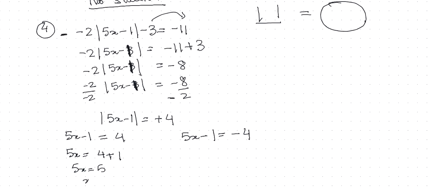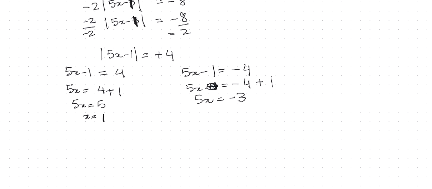So x is equal to 1. And the other is 5x minus 1 is minus 4. This 1 we will bring here, so it is positive and this gives minus 3. So x gives minus 3 by 5.